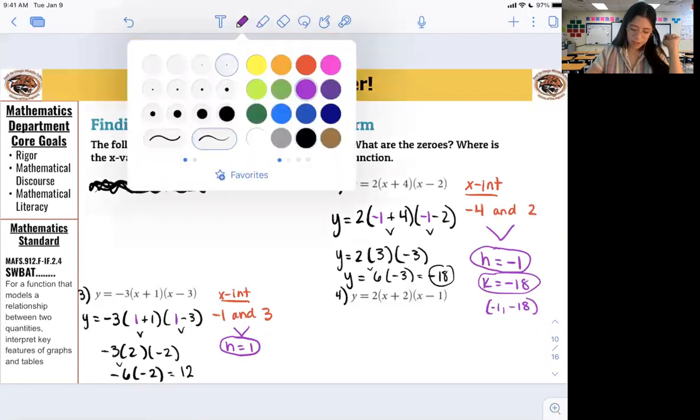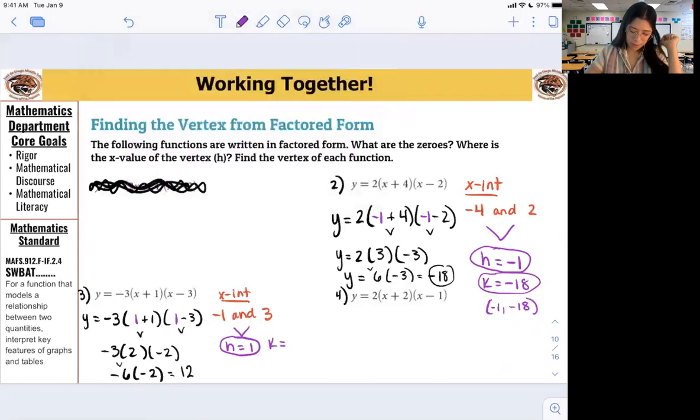So my k is 12. Vertex is at 1, comma 12.